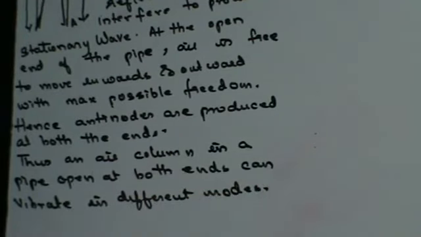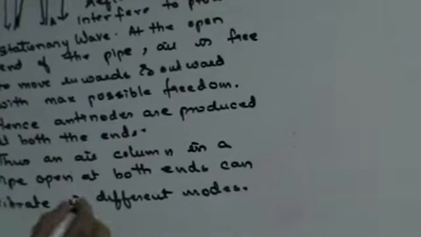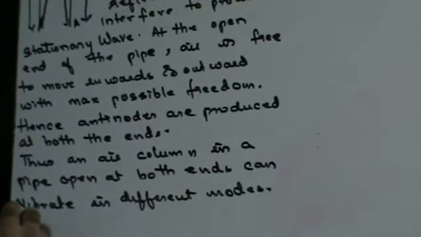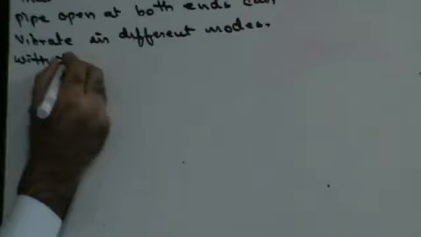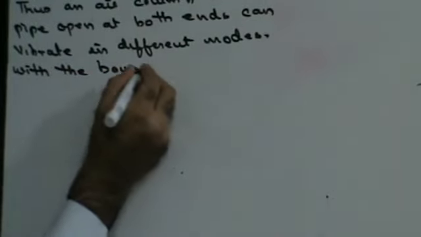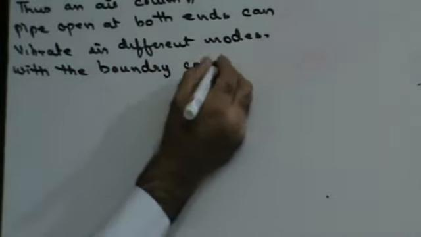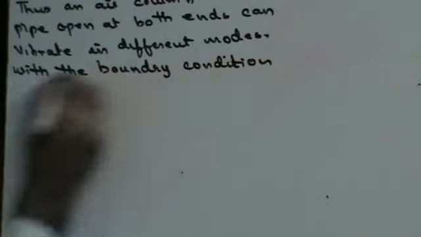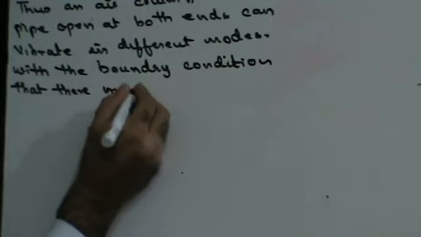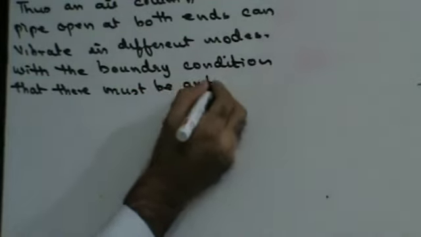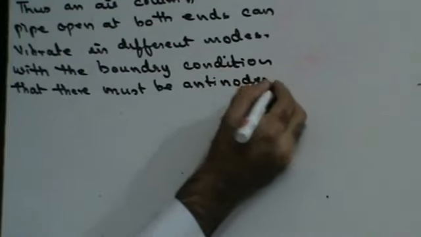Now let's see what are the modes in which it can vibrate. The boundary condition is that there must be antinodes at both ends.